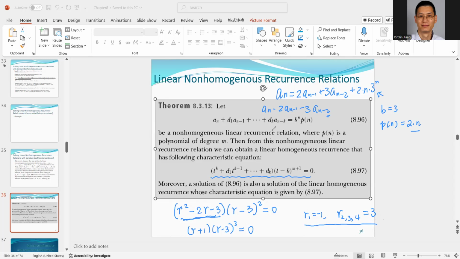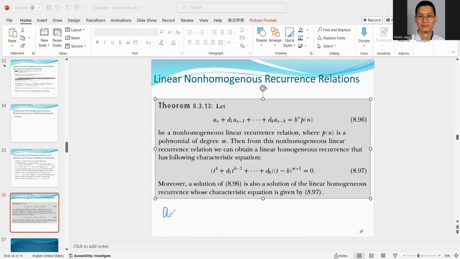I'm going to need more space, so I'm going to erase that one and write down the general solution. a sub n equals C1 times -1 to the n plus C2 plus C3 times n plus C4 times n squared, times 3 to the n.